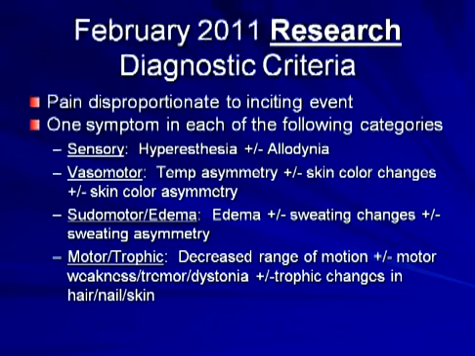So that's really the big difference between clinical and research diagnostic criteria for CRPS. You need to be aware of the differences in the diagnoses, clinical and research. They're essentially the same except for the requirement for all of these to be present in research and 3 of the 4 present in clinical. Again, you can read the specific things listed here in the slides.